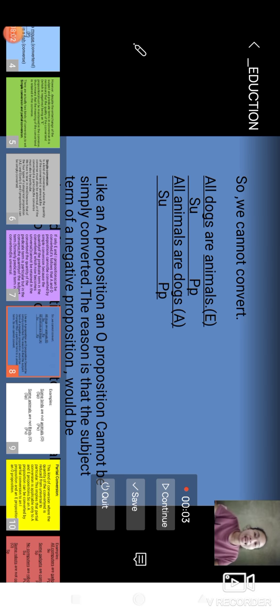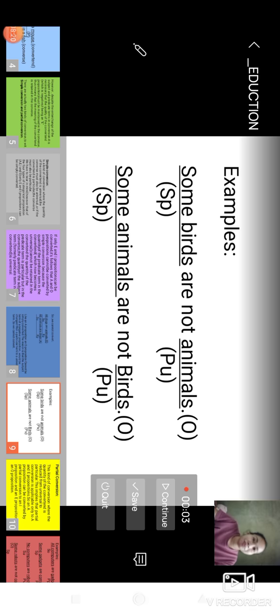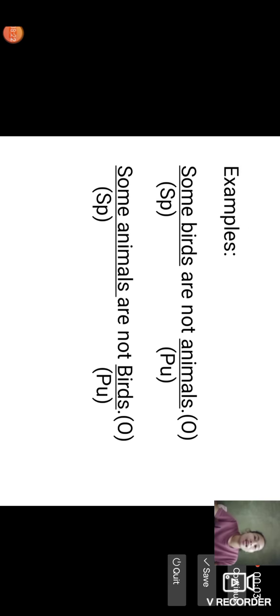Like an A proposition and an O proposition cannot be simply converted. The reason is that the subject term of a negative proposition would be changed from a particular term to a universal term, so we cannot convert. An example is "Some birds are not animals."